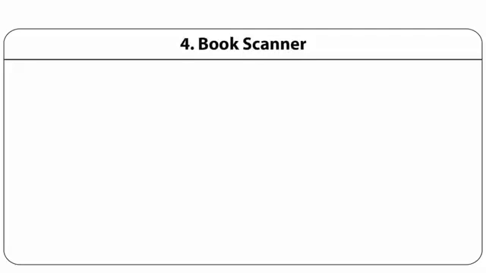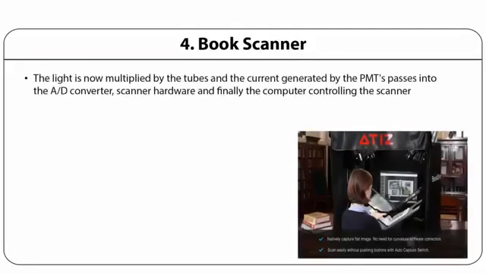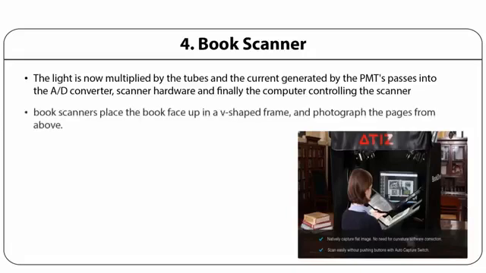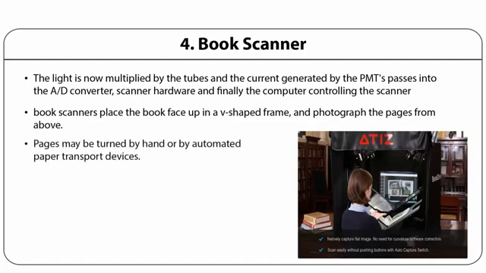Fourth one is book scanner. Book scanning or magazine scanning is the process of converting physical books and magazines into digital media. Book scanners place the books face up in a V-shaped frame and photograph the pages from above. Pages may be turned by hand or by automated paper transport devices.